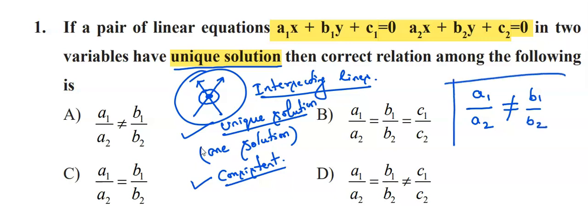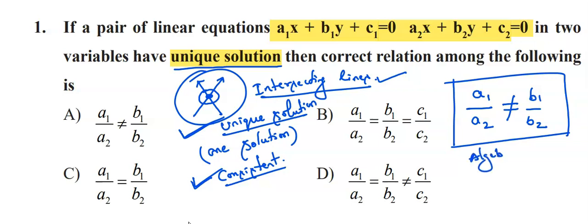If this condition is satisfied, then they are consistent, or they form a unique solution, or they are intersecting lines. Okay, remember these three things about the lines: solution, consistency, and algebraically how you can identify whether the solutions are consistent or inconsistent, or they form a unique solution or no solution. So this is the condition you need to remember.